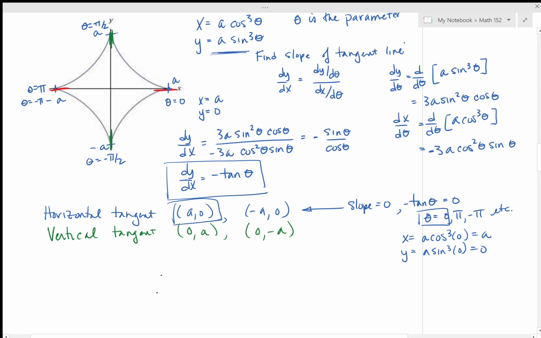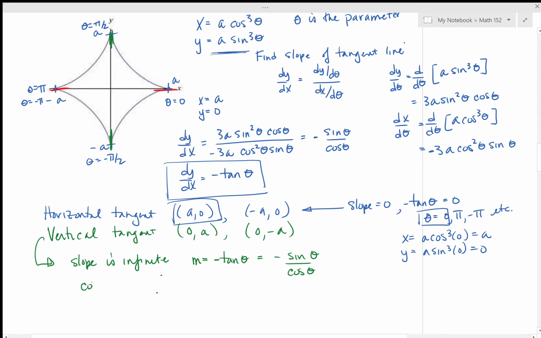The vertical tangent, I can do the same thing. When we have a vertical tangent line, that is when the slope is infinite. Let's see. I can't maybe see it totally directly. Right now I have the slope of the tangent line is minus tan theta. Let me rewrite it back out like this: that is sine theta over cos theta. So the slope will become infinite when cos theta is 0.